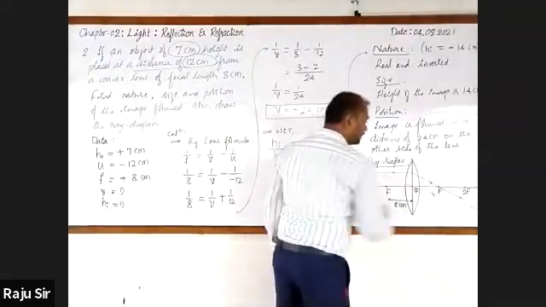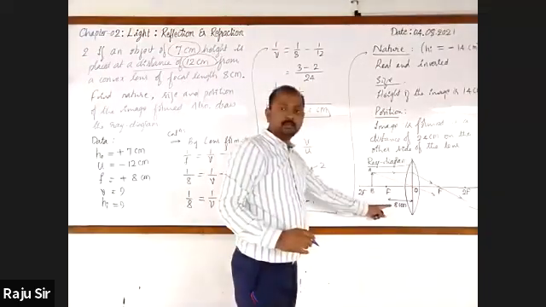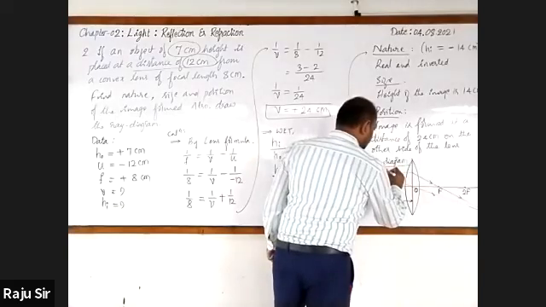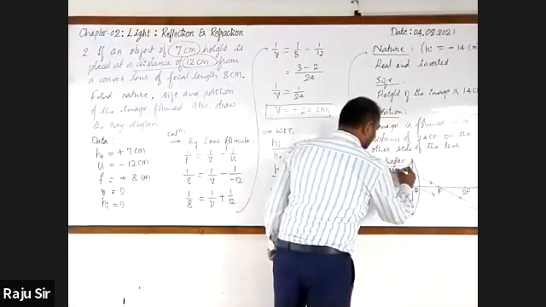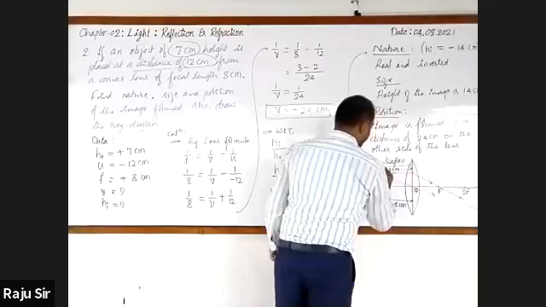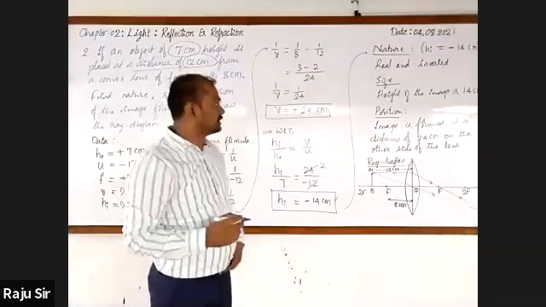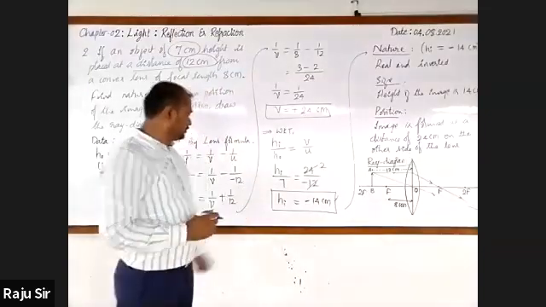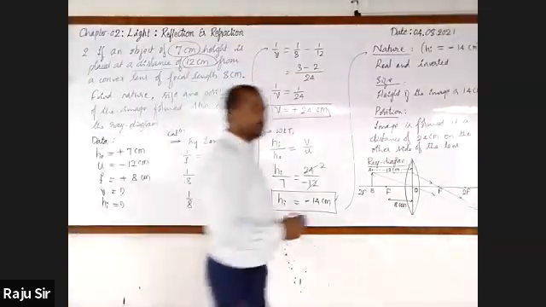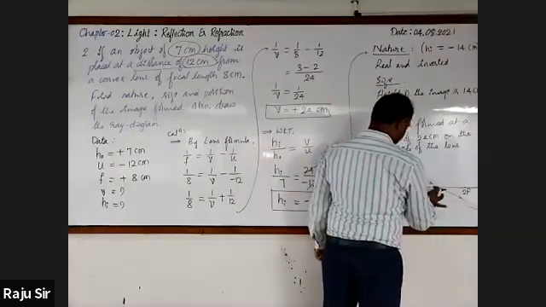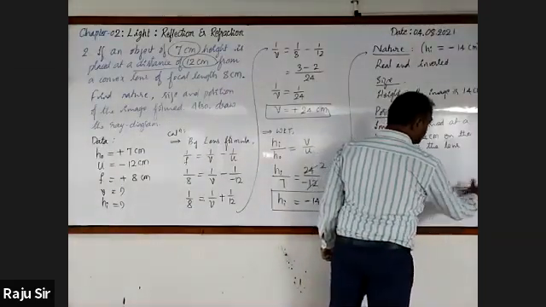And write the distances. Here we have shown the focal length, then the object distance is known. It is 12 centimeter. Next, the image distance is also known, 24 centimeter. It is 8, 8, 8.